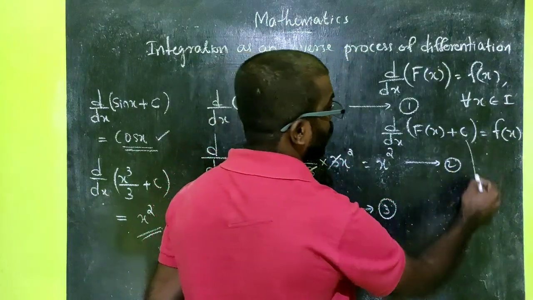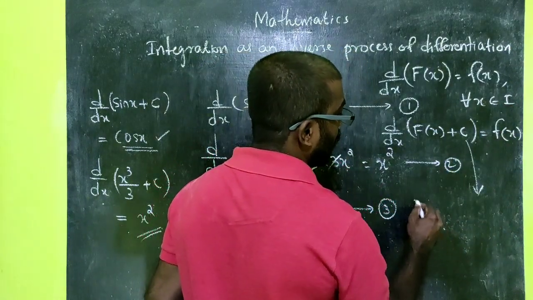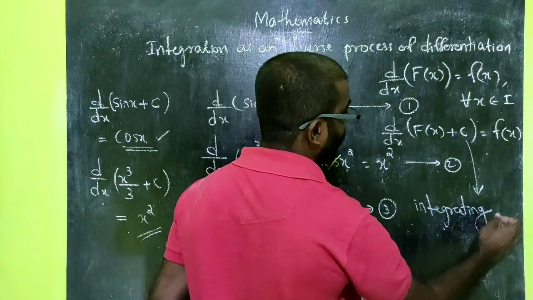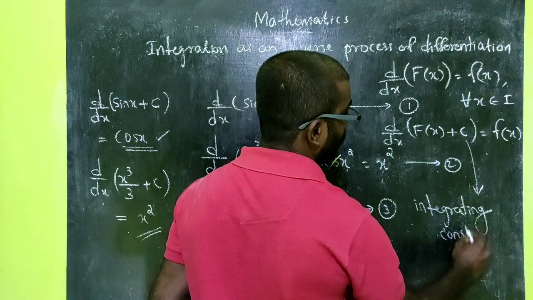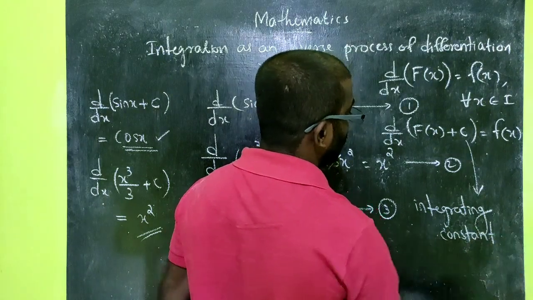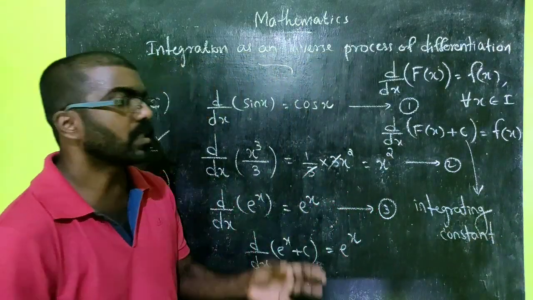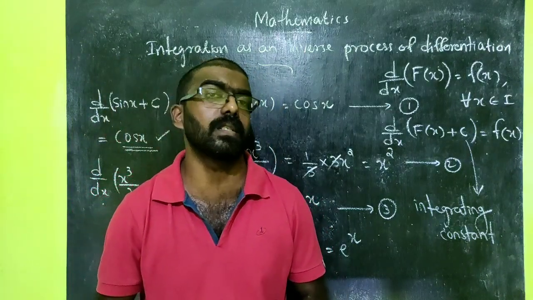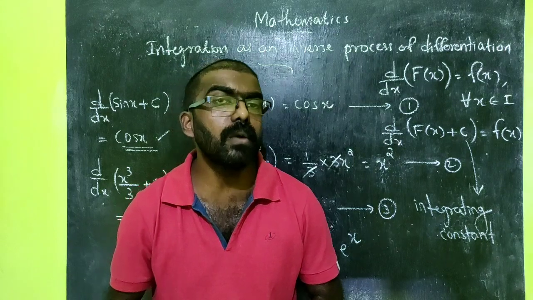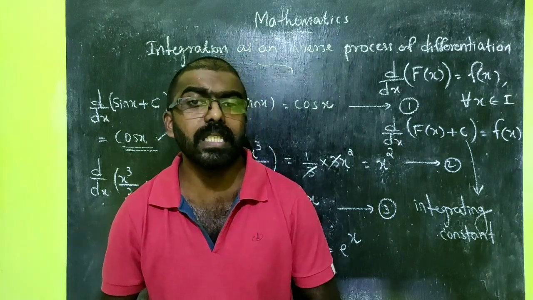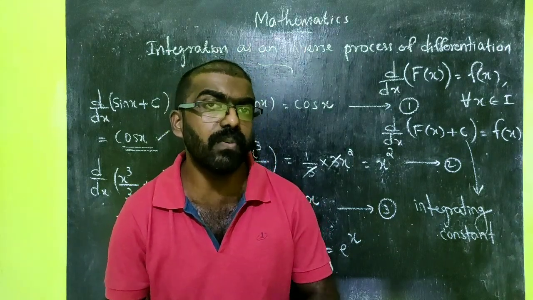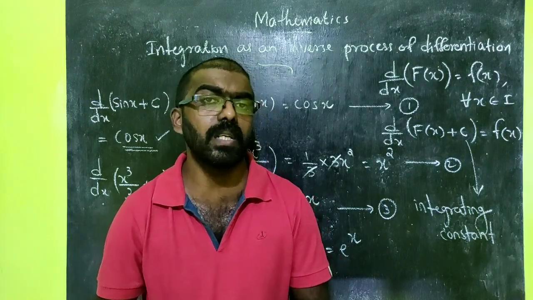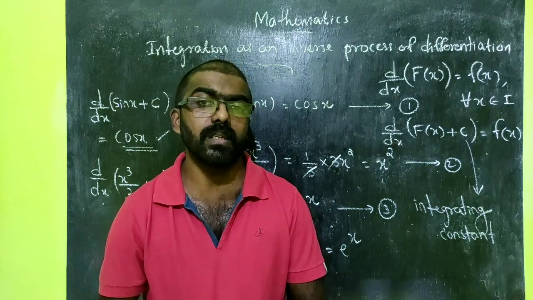C is also called the integrating constant or constant of integration. One thing you have to remember is that functions with the same derivatives differ by a constant. I repeat, functions with the same derivatives differ by a constant.